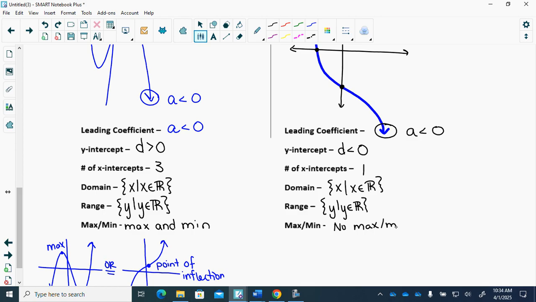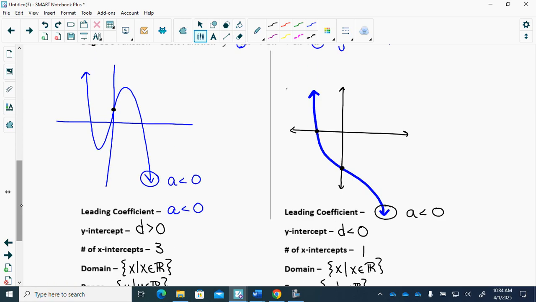What does it have? A point of inflection. Yep. There's no max or min. What is a max? Min and a max.